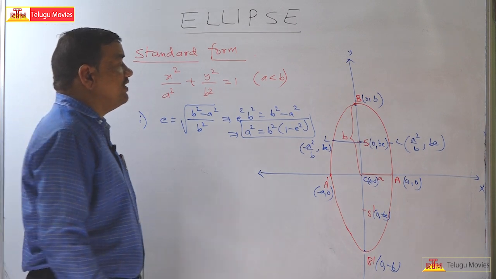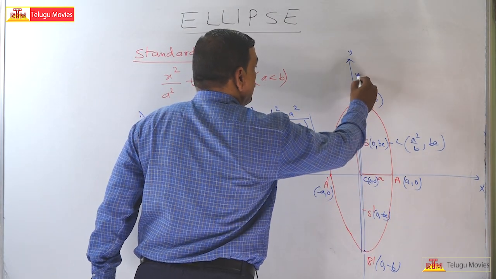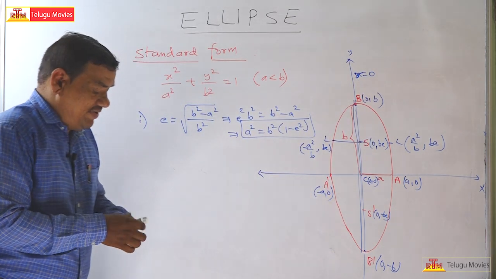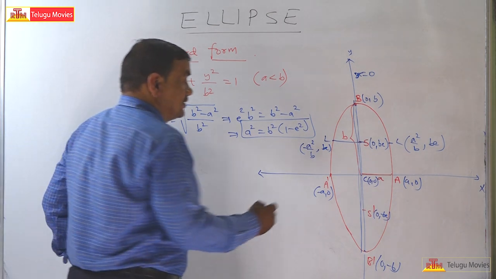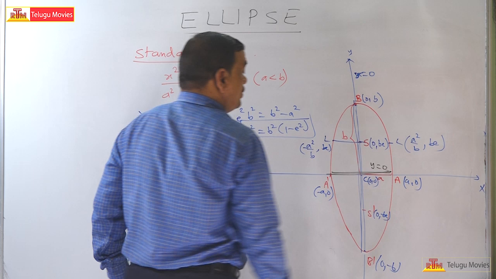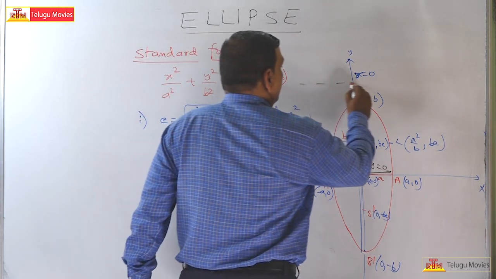Coming to the equation of the major axis: this is the major axis, and its equation is x equals 0. Equation of the minor axis: this is the minor axis, that is y equals 0. Very important, I forgot to write down the directrix.